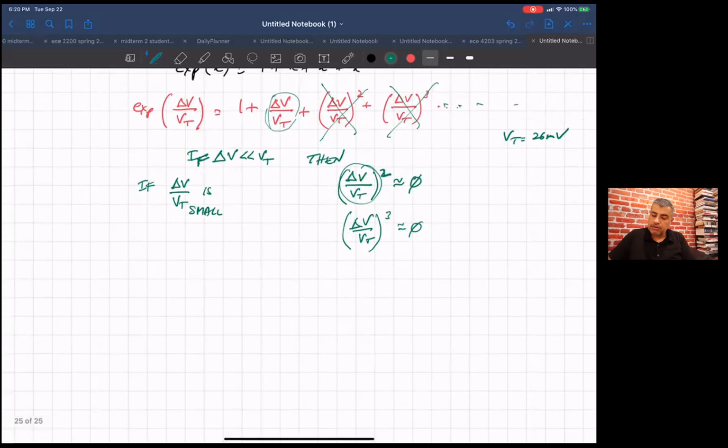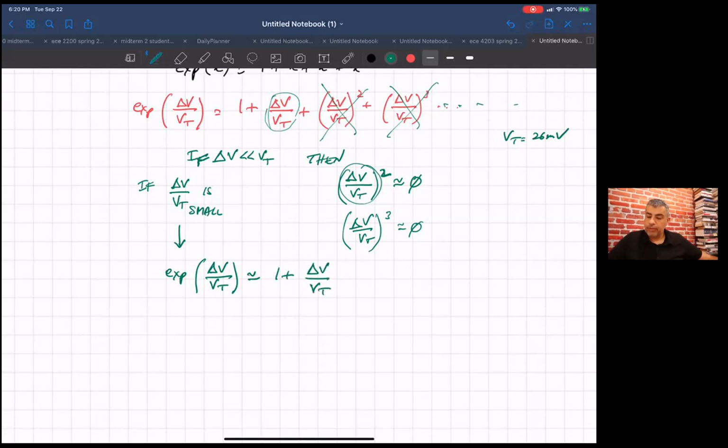Then exponential of delta V over V sub T is approximately equal to 1 plus delta V over V sub T. This is the approximation I'm making here.